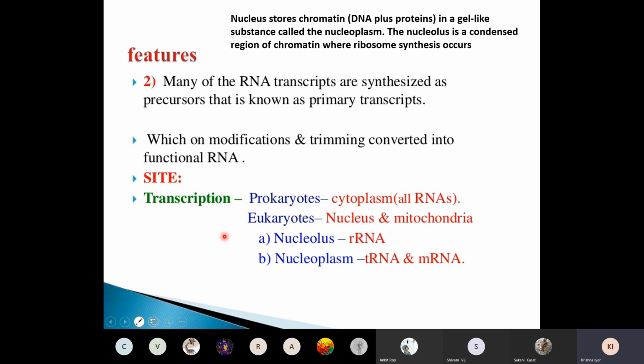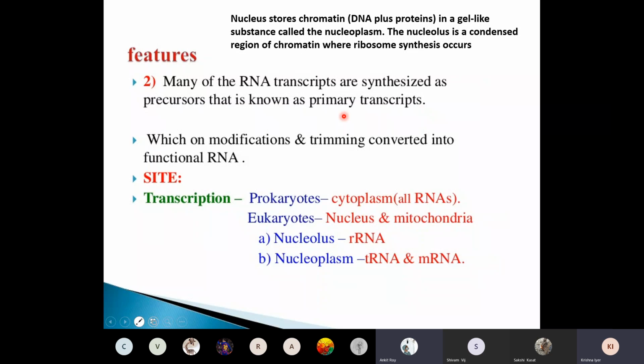What you get are referred to as primary transcripts, which, as some person said a few moments ago, have to be subject to post-transcriptional modification. Who said that word, post-transcriptional modification? I think it was Rehan.